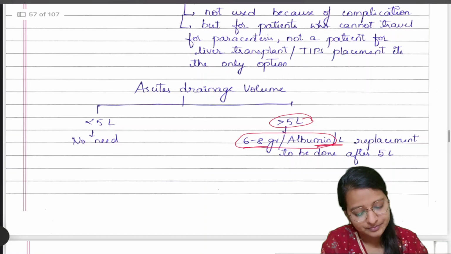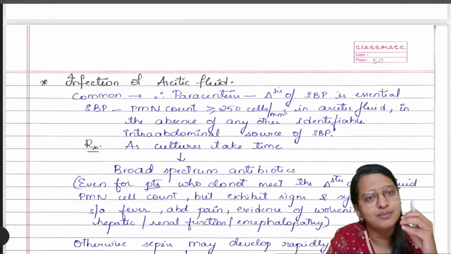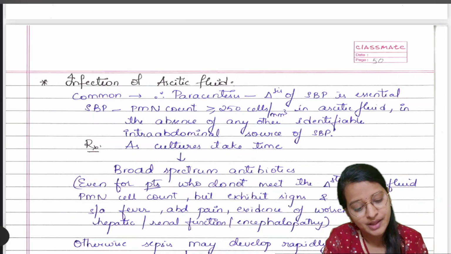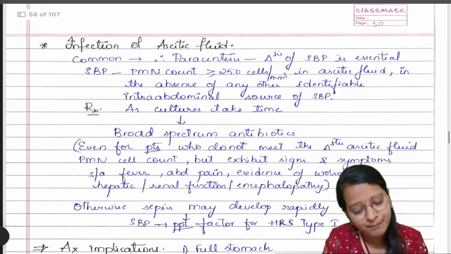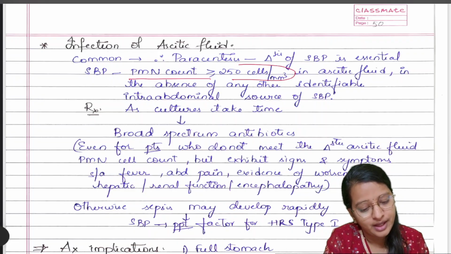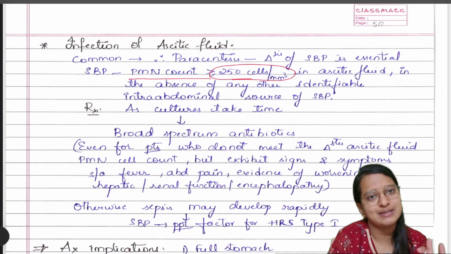Now we have taken the ascitic fluid. We have to look for the presence of infection, because we have to diagnose or rule out spontaneous bacterial peritonitis. So in that fluid, if the PMN count is greater than 250 cells per mm cube, in the absence of other sources of infection, it is SBP.